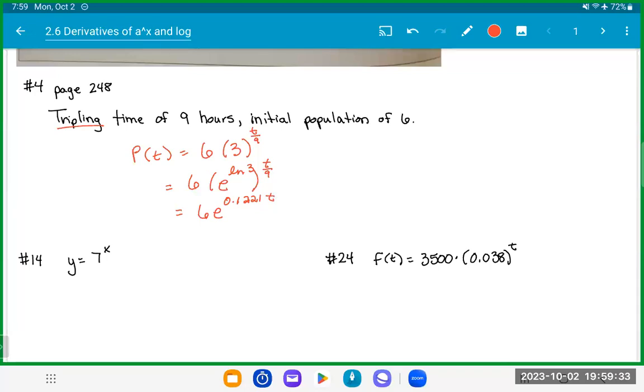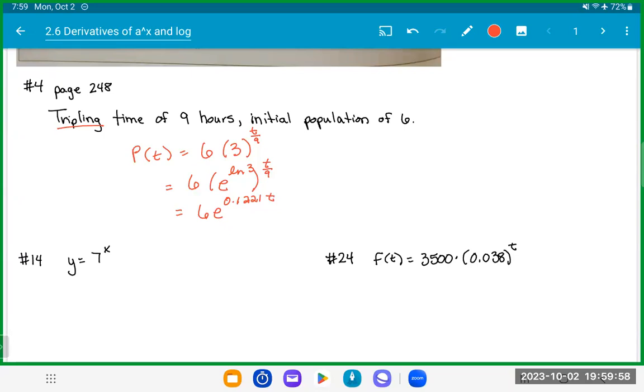We're just simplifying this out here. If this had said doubling time or quadrupling time or whatever, then that's where the 3 would change. It could be 3, 4, 5, however much that is.